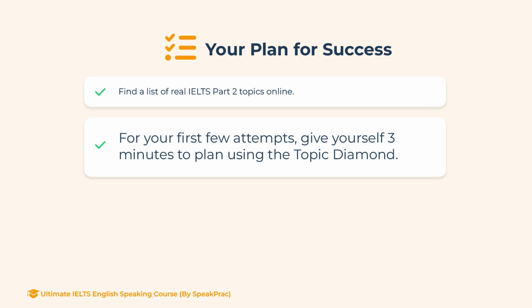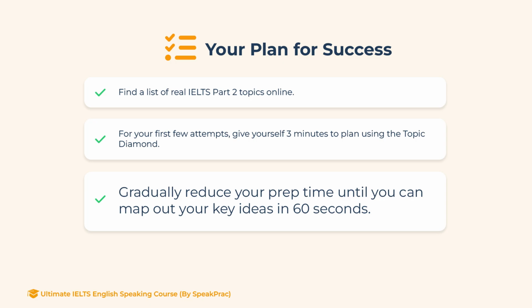Get comfortable with the framework. Gradually reduce your prep time. Once you're comfortable with 3 minutes, try 2 minutes, then 90 seconds, until you can confidently map out your key ideas in 60 seconds. And remember, you're not writing full sentences and full paragraphs during that note-taking prep time.